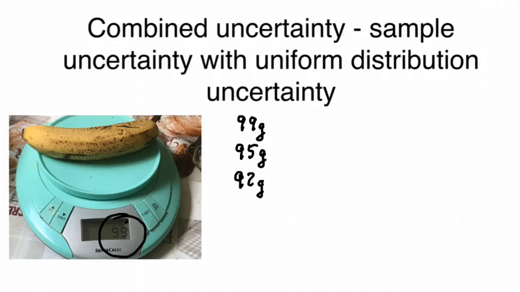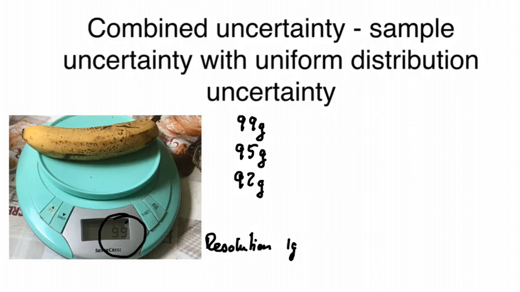And we have done that in one of the previous videos, where we said the resolution of the kitchen scale is 1 gram, and therefore we don't know where the actual exact value is, so we would use a uniform distribution.